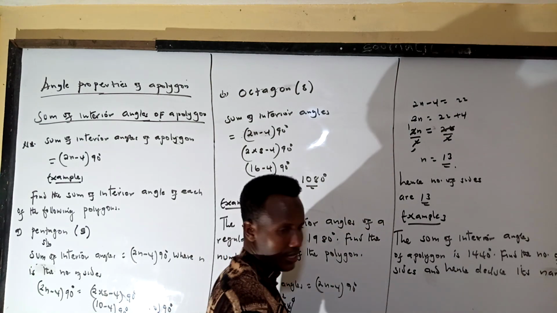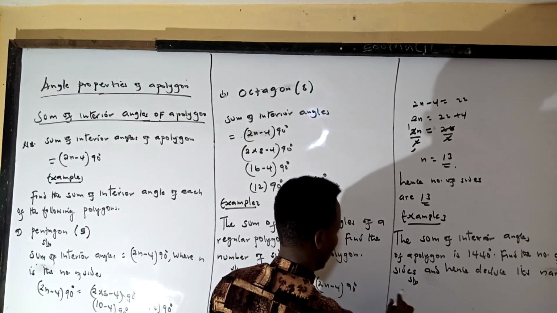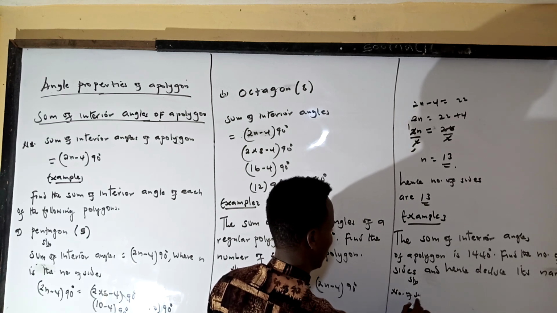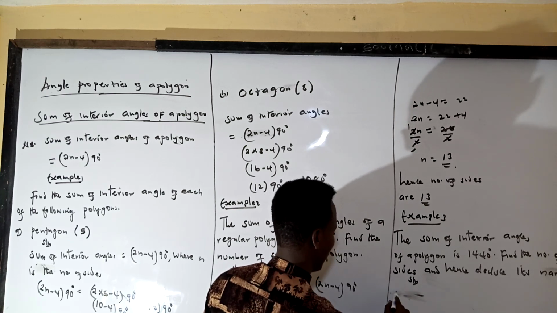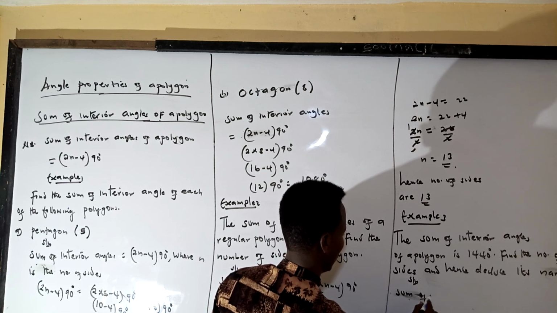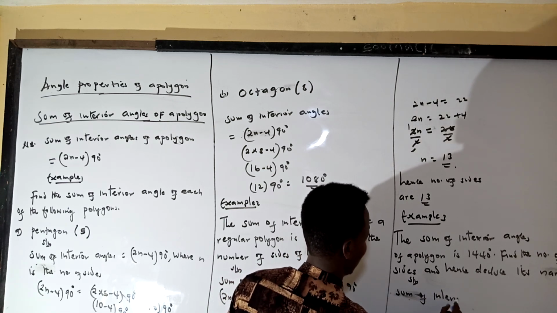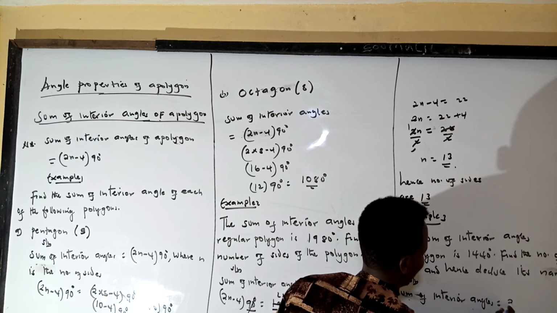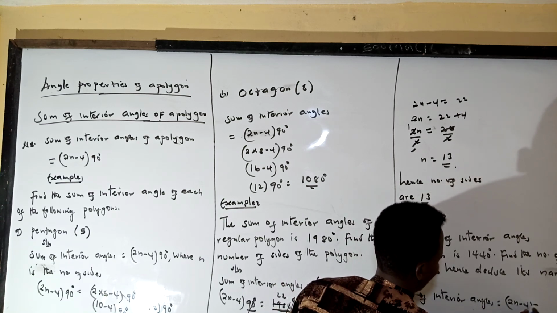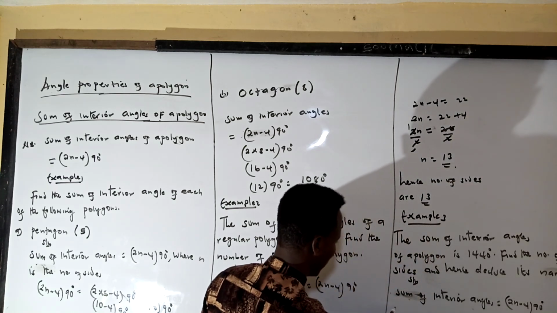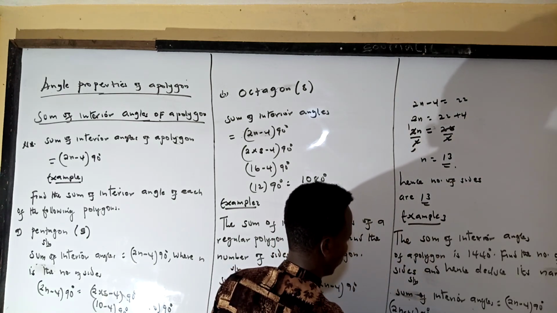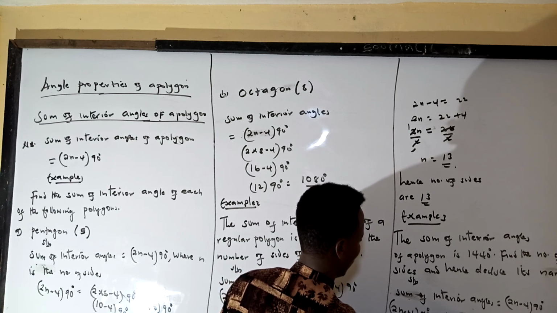What we are going to do here is the solution part. We know that the sum of interior angles is equal to (2n minus 4) into 90. Then we can say (2n minus 4) into 90 is equal to 1440 degrees.